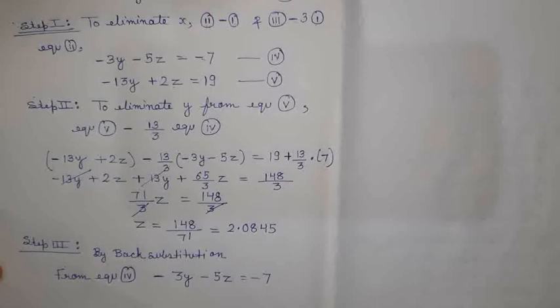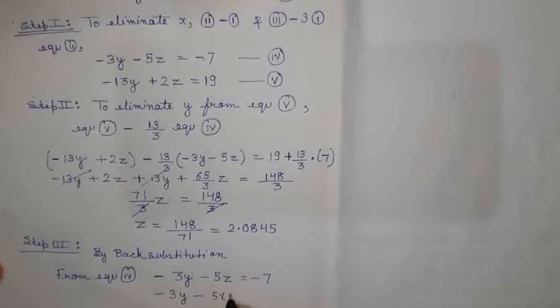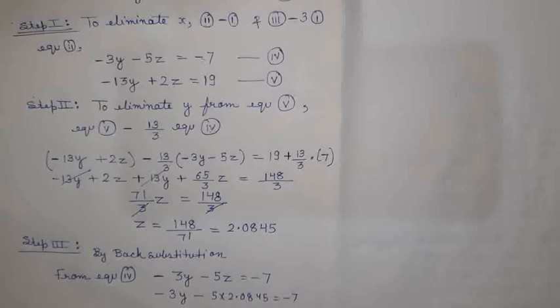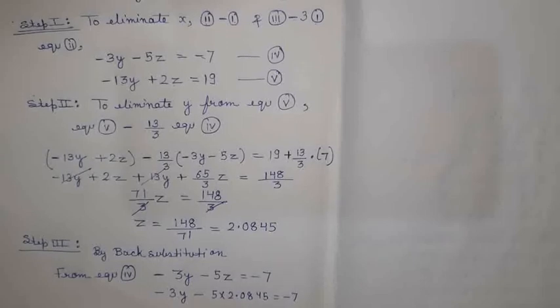This is our equation 4. If we substitute the value of z here, 5 into 2.0845 equal to minus 7, and if you do it with the help of a calculator, you will get the value of y as minus 1.1408.